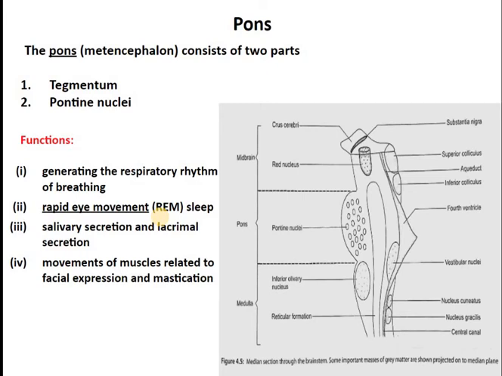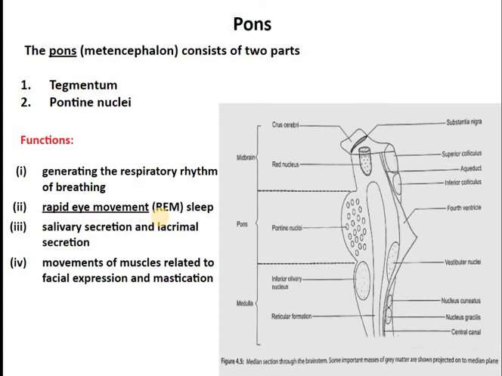And sometimes during sleep, we also find that his eyeball remains fixed. That sleep duration is called non-REM sleep. That means during that time, the eyeball is not rapidly moving. Clear? Okay sir, thank you. These rapid eye movements are actually controlled by the pons.